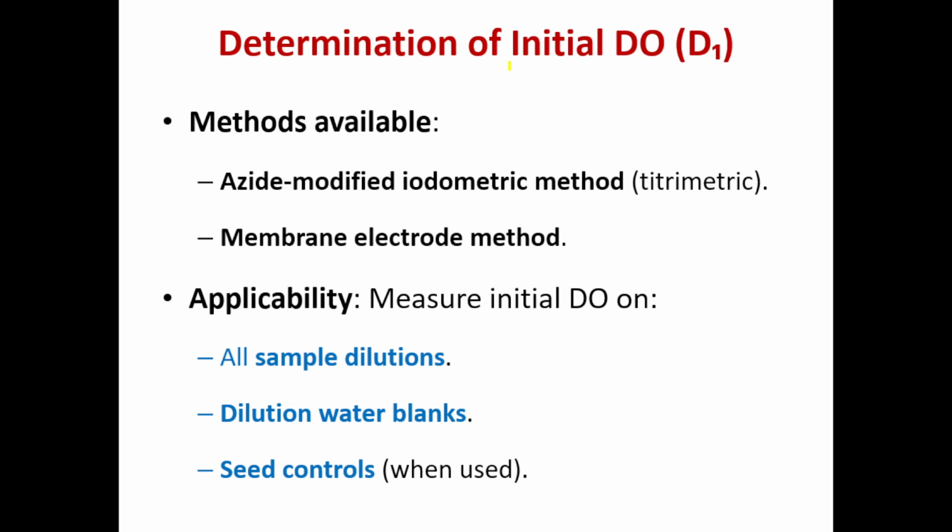So for the determination of initial DO, there are two methods available: the azide modification iodometric method, and the membrane electrode method. We need to measure initial DO on all samples, dilutions, dilution water blanks, and seed control.